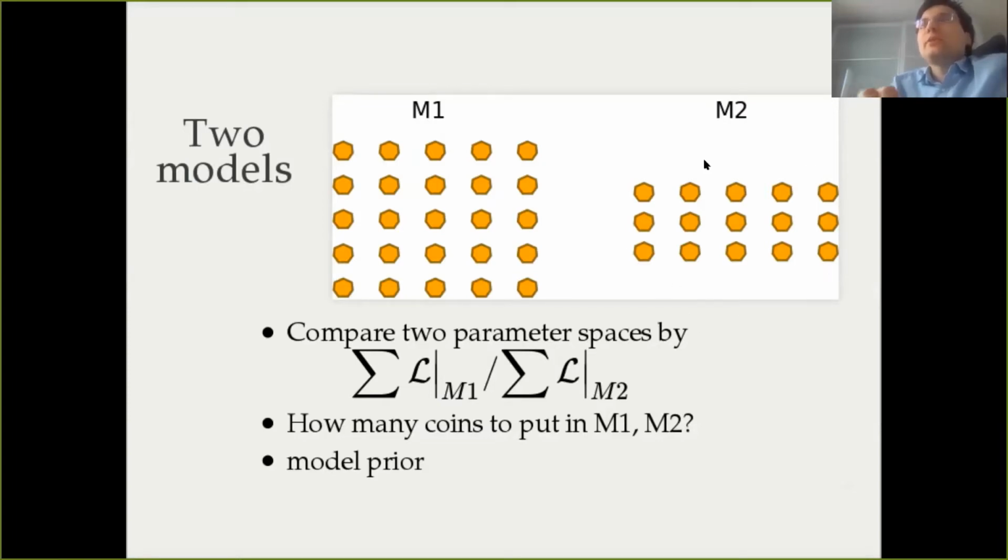For example, if model 2 contains 99% of the likelihood, or the evidence in this case, because you summed over it, then you would pick that model, right? And immediately you see that it depends how many grid points or what prior you define inside the model, but also across the models. So how that volume is sized relative to that volume. And these are model priors.